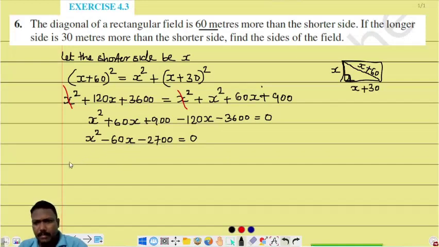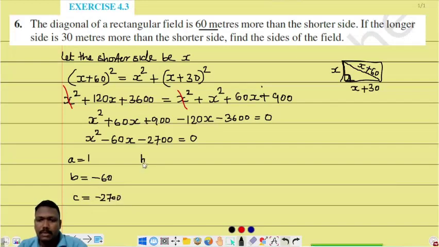Now this is a big number, so factorization is difficult. So let us do this by formula. A is equal to 1, B is equal to minus 60, and C is equal to minus 2700.